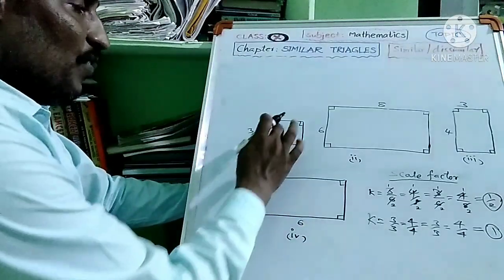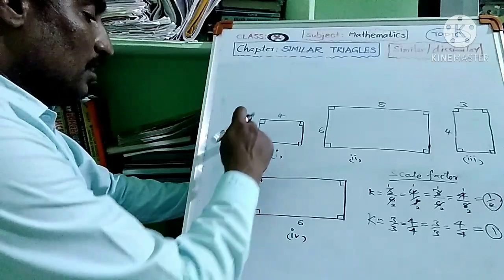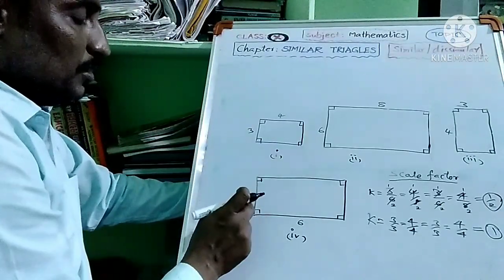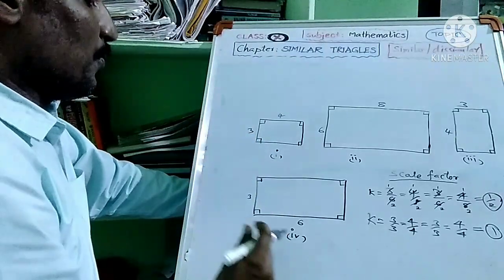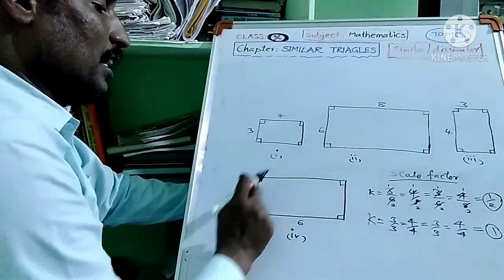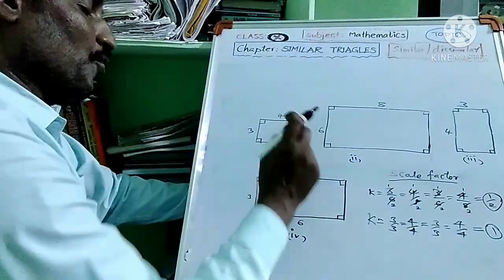Next, first and fourth figures. Here 3 equal to 3, here 3 is there. Suppose these two are corresponding sides. Observe 3, 6, 3, 6, 3, 4, 3, 4.